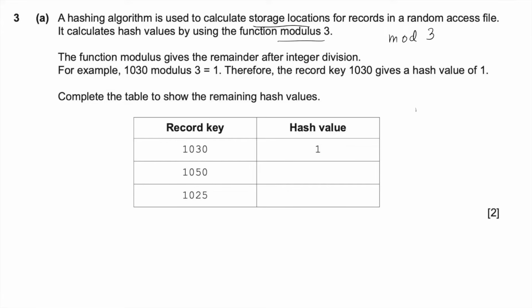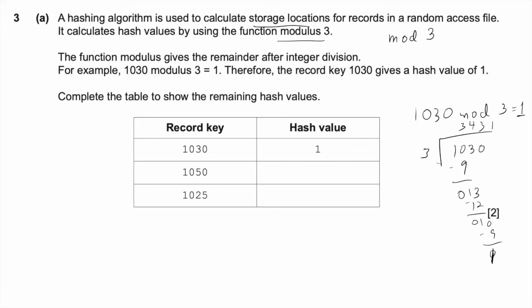So for example, if we have 1030 mod 3, that's going to give us 1. Because if we divide 1030 by 3, let's do this long division, we would get 3, 9, 1, 13, and we get 4, 12, 0, 1, 10, and then we do 3, and then we have a remainder of 1. So that means 1 is going to be our answer.